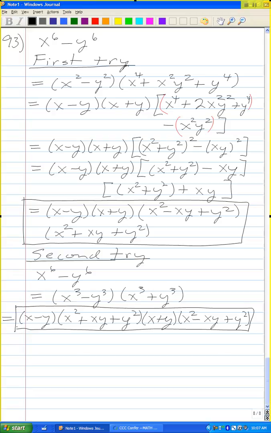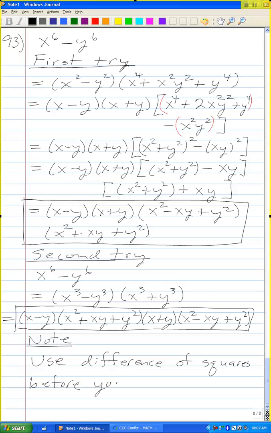And so, note, use difference of squares before you use difference of cubes.